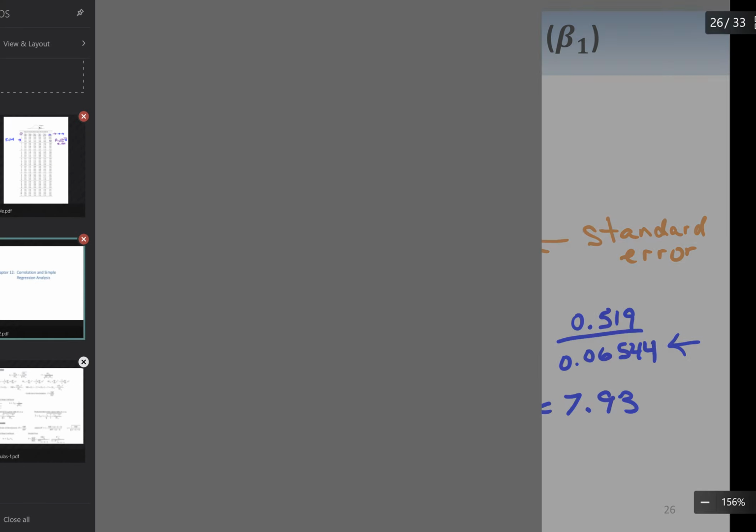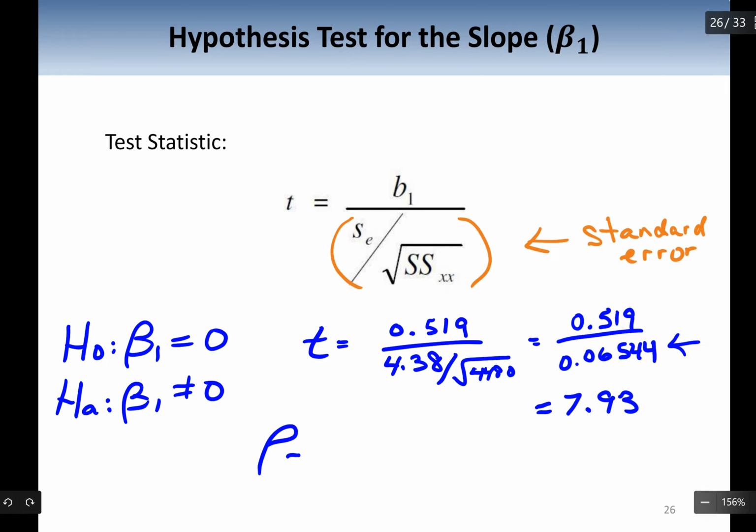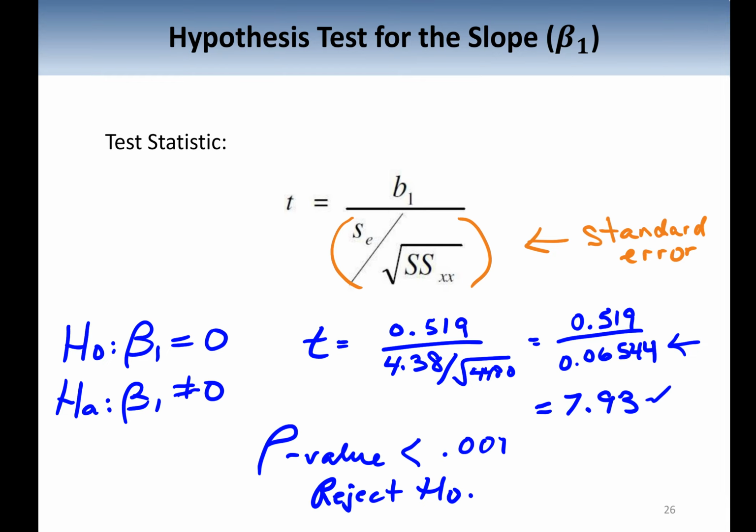So our p-value is less than 0.001 based on this statistic on the table. So our decision here would be that we would reject the null hypothesis and accept that it is different than 0. And so that value 0.519 is statistically significant.